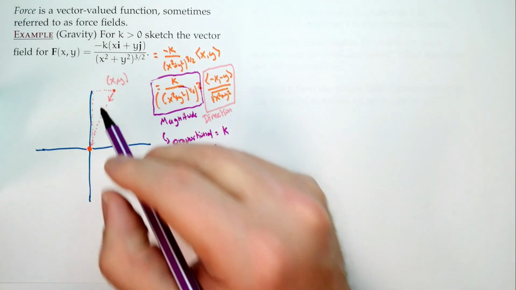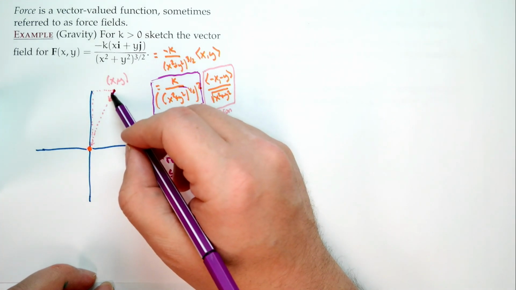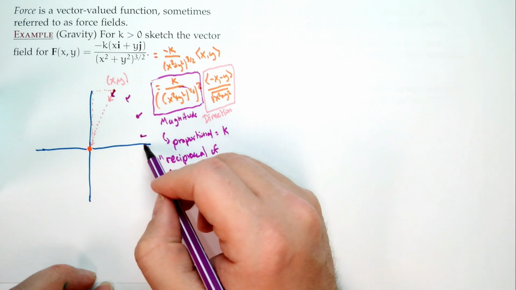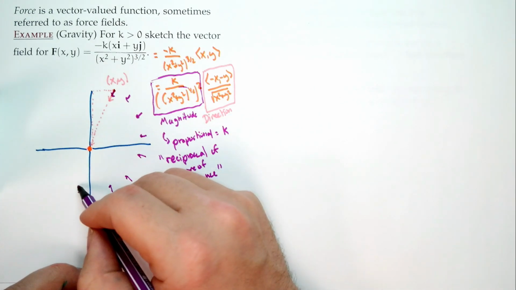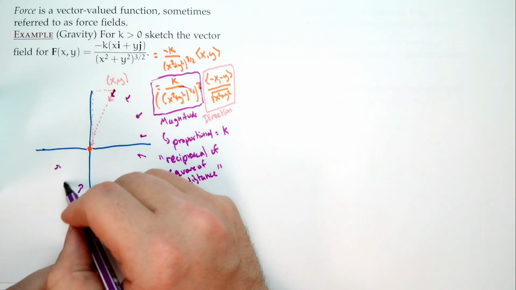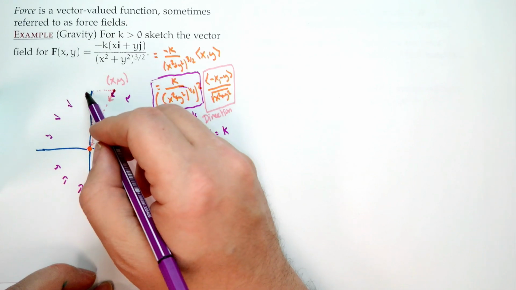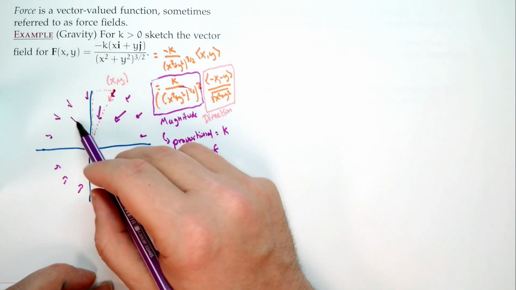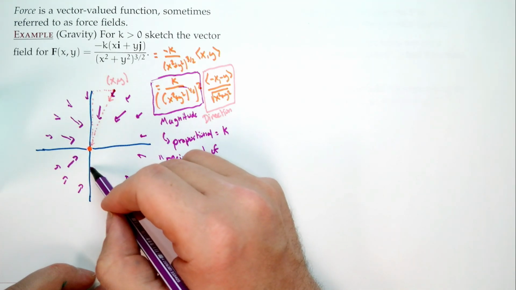That's our magnitude. So that means that if I'm far out, it's a very short arrow. Things which are far away have a very short pull towards the center. Now, how do I get a stronger pull? Well, the answer is, of course, you get very close. The closer you get, the stronger the pull becomes. So if I move in, my arrows get longer. And you might ask, what happens if you move in really close?